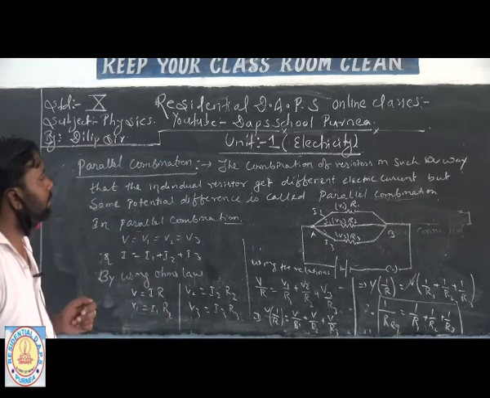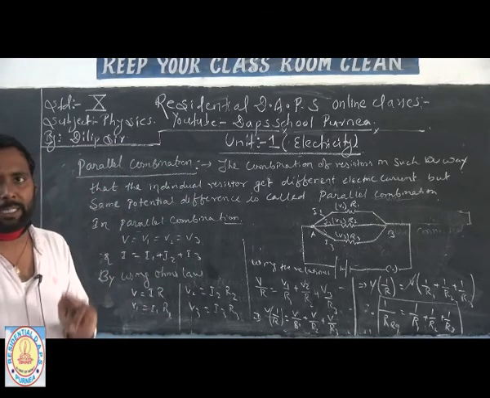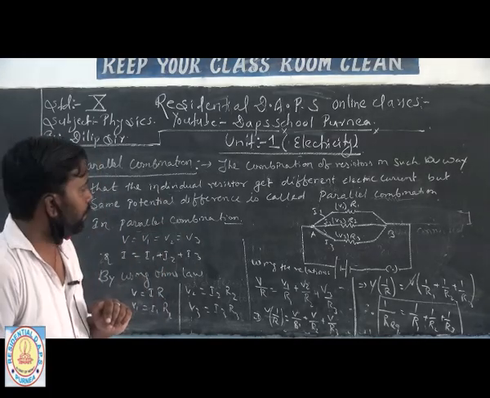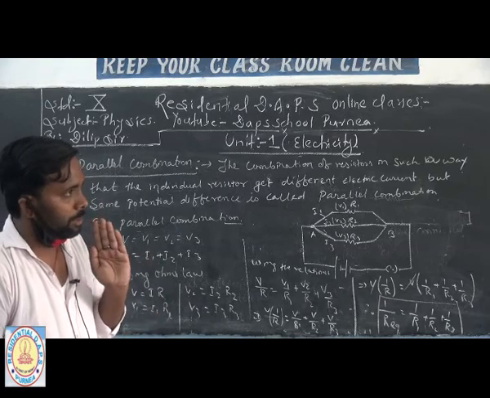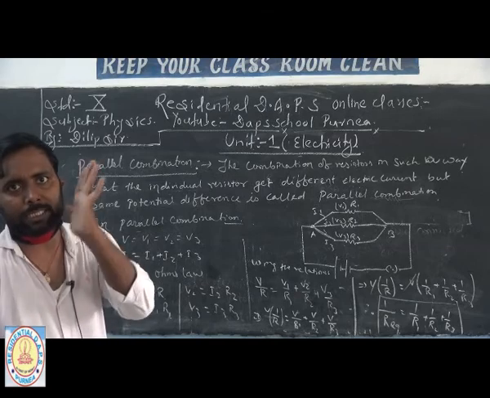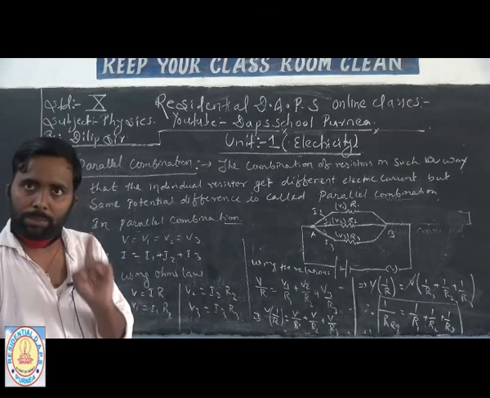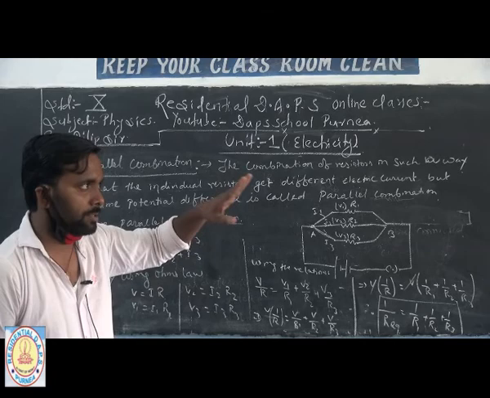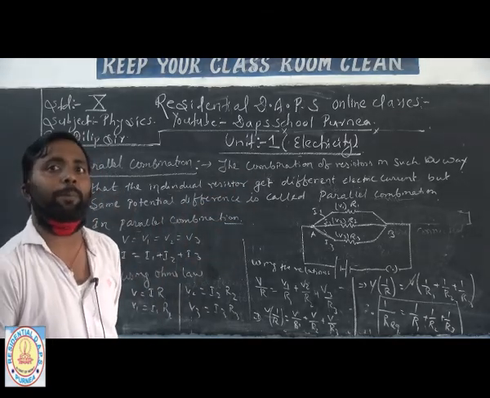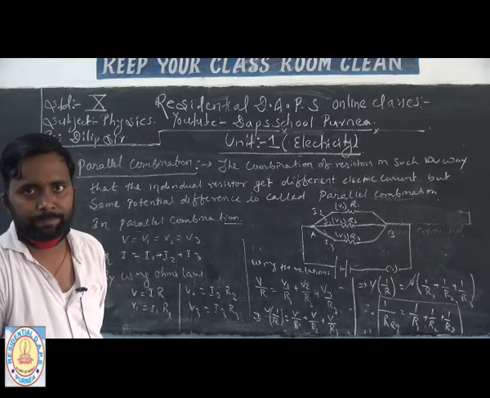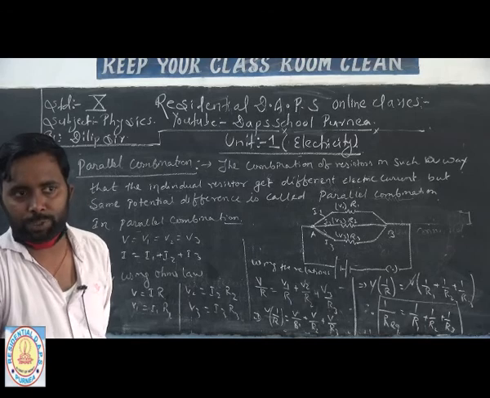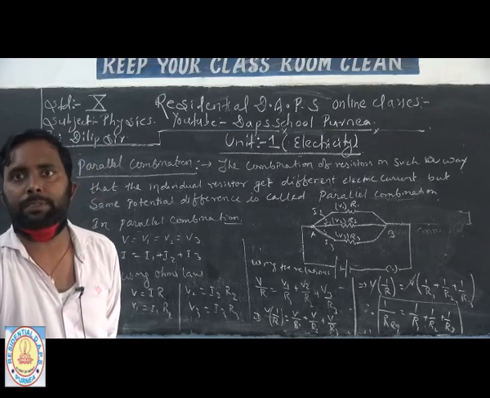Another thing is that there are some advantages and disadvantages of series and parallel combination. Series combination has the property that it is operated by a single switch. If we arrange different appliances in series, they can be operated with a single switch. We can't operate them separately, which is not suitable for our domestic purposes.